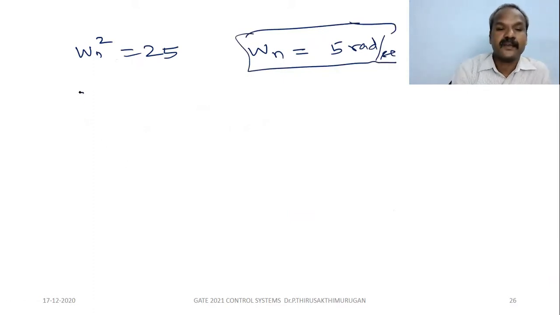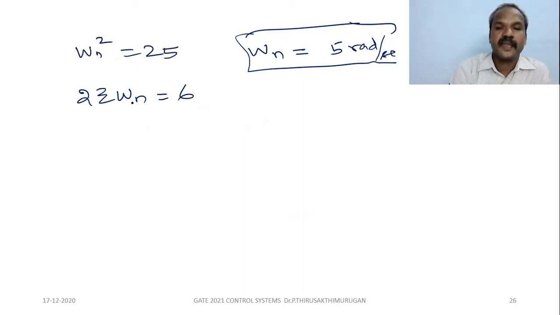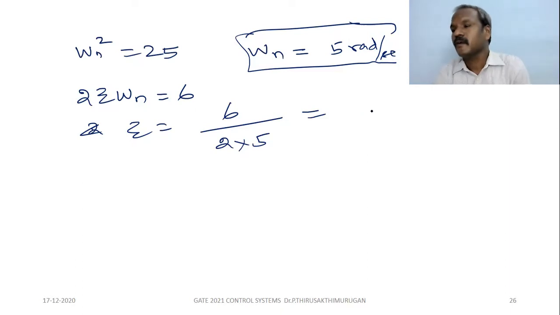Next, compare the coefficient of S term: 2 zeta omega n equals 6. Omega n is 5, so 2 zeta equals 6 divided by 2 into 5. 2 into 5 is 10. So zeta equals 6 by 10.